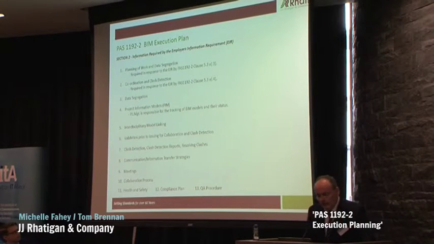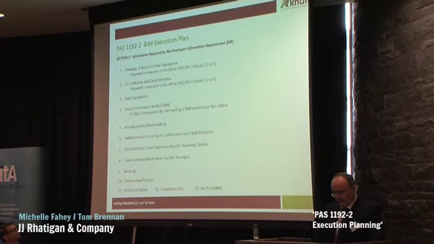Second part of the BEP is we deal with the information required by the employer's information requirements, or the EIR. 13 stages here. We have planning of work and data segregation, dealing with clause 5.3a part 3. Coordination and clash detection, clause 5.3a4. Data segregation. The project information model, or is abbreviated to PIM.